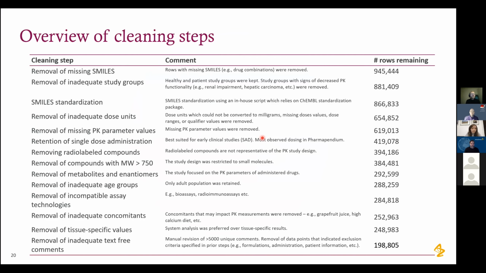But we also restricted ourselves to only single dose PK here, so that means it's only one administration, and we didn't have to worry about multiple doses. Downside of this is, of course, that you lose a lot of data, because sometimes doses are given per day, divided doses perhaps.